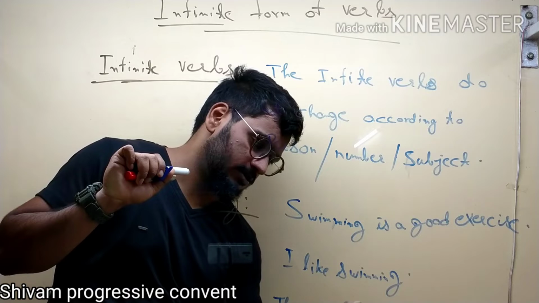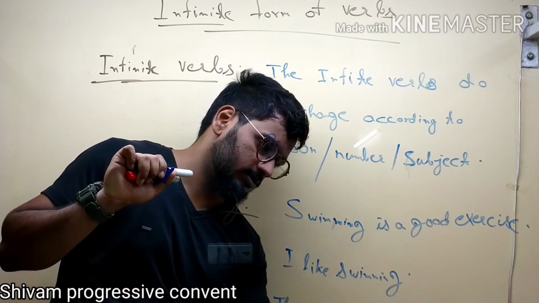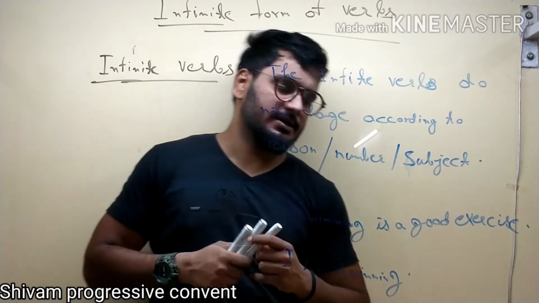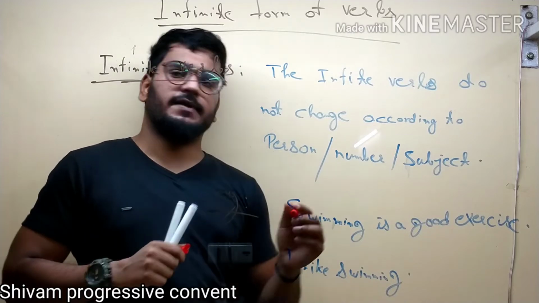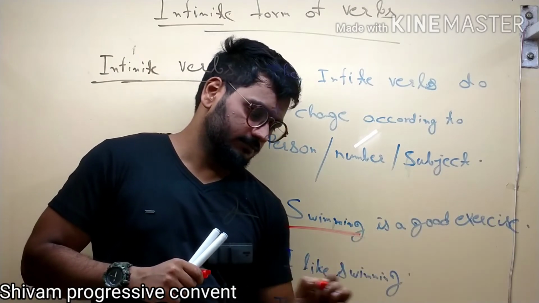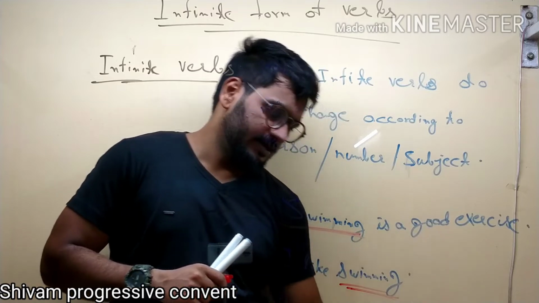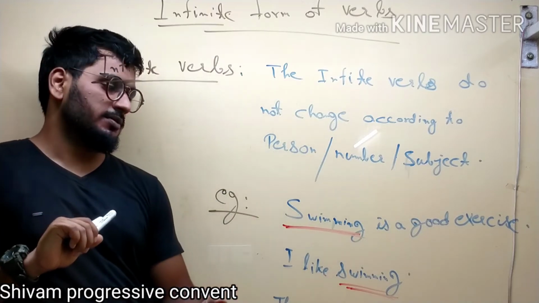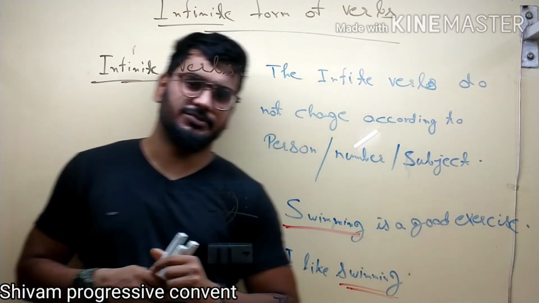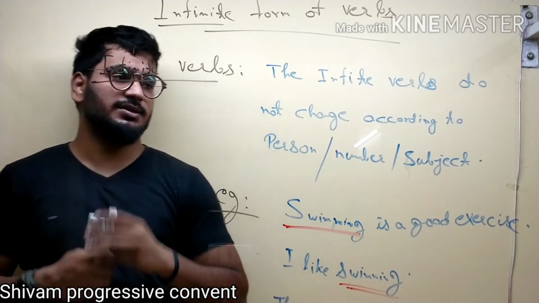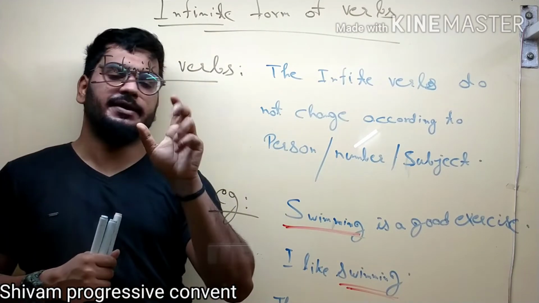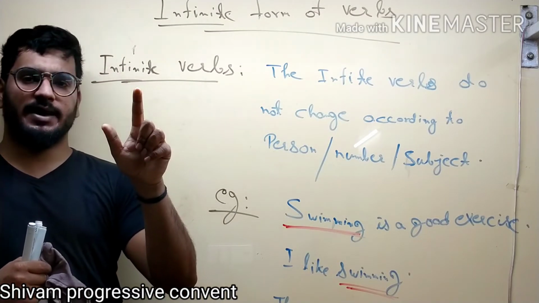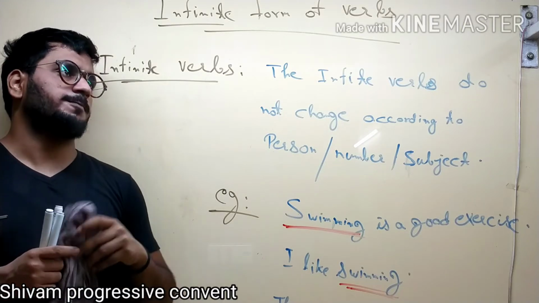They are swimming. Here swimming is an example of infinite form of verb, and you can say it is not changing with person or number or subject. So this was the definition and example of infinite verb. Now moving on to the types of infinite verbs. Note it down.